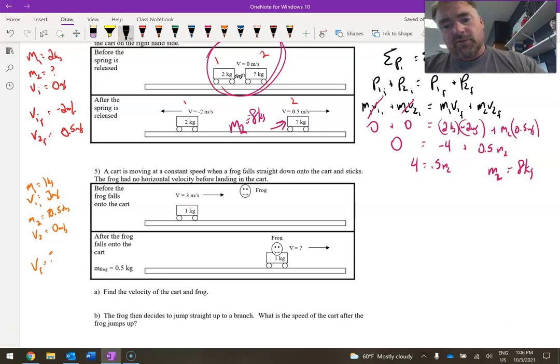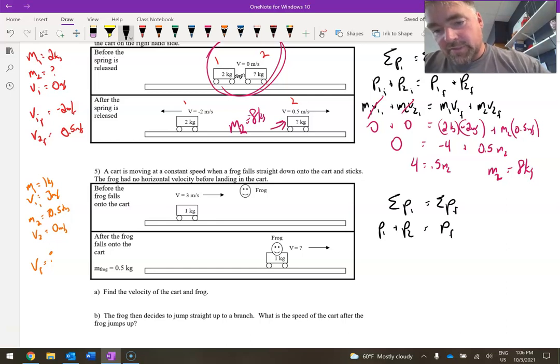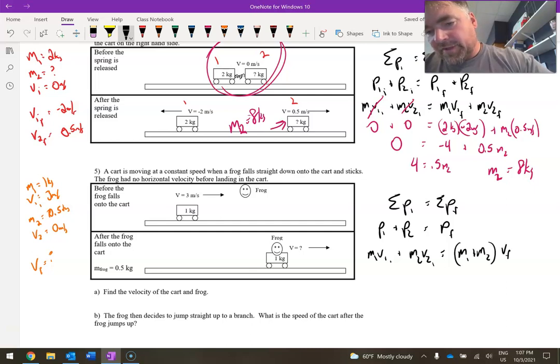So going back to my conservation of momentum, sigma Pi equals sigma Pf. So P1 plus P2 is equal to P final. So M1 V1 initial plus M2 V2 initial is going to equal M1 plus M2, because they become one object, times V final.